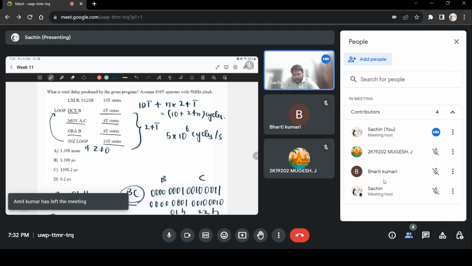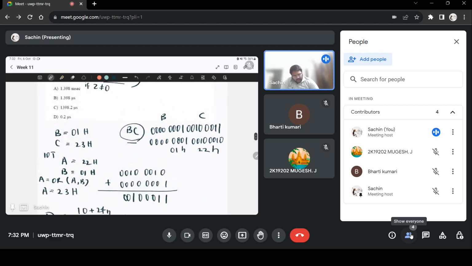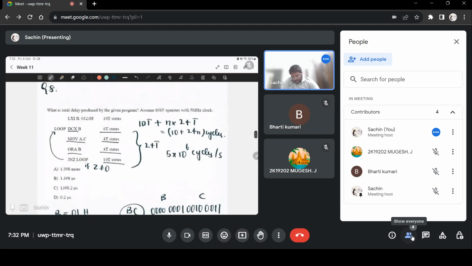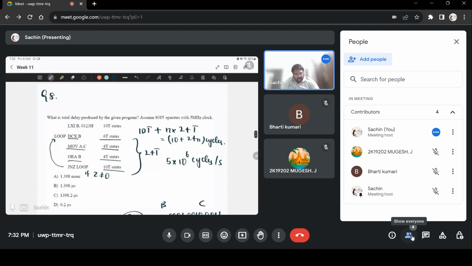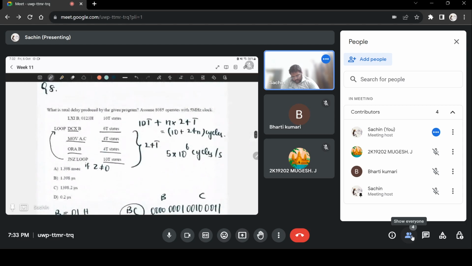Give me 5 minutes, guys. Or you do one thing: I will work this out and post it in that group that they've given, where I will post these slides. I'll work it out and post it. Or if you stay for 5 minutes, I will try to tell you the answer. Or else you can leave and then I'll work it out and post that in the group.